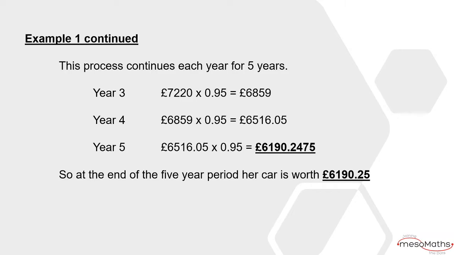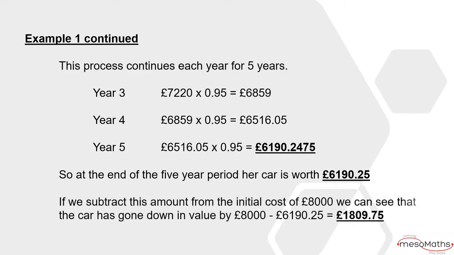Makes sense to do when you're dealing with money. Okay. The other thing you can do once you've got this answer, if you subtract that from the original amount, so the £8,000 the car cost, you can see how much value the car has lost over the 5-year period, and that would be that £1,809.75. You may be asked for that. You just need to carefully check the wording of whatever question you're answering.